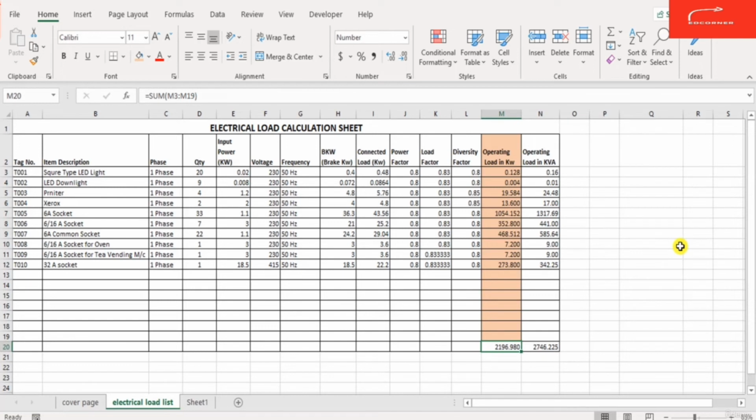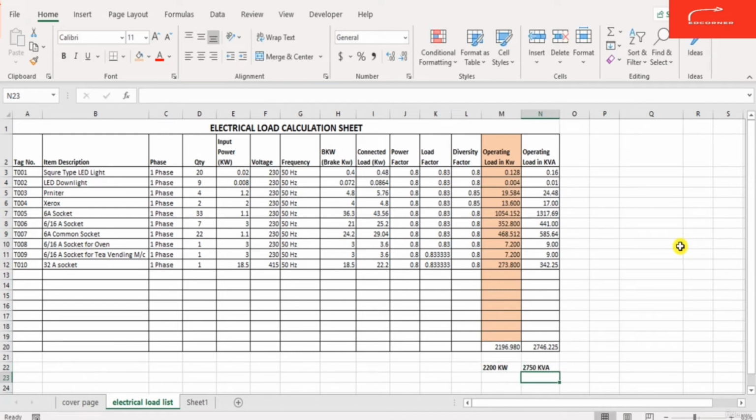So the required operating load in kilowatts is 2196. So the round figure is 2200 kilowatt, and the operating load is around 2750 kilovolt ampere.